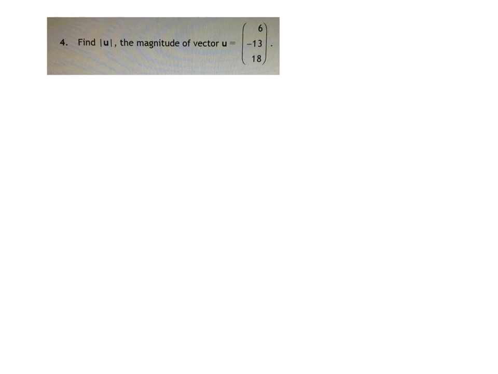Okay, so we have a magnitude of a vector question. So we know that the magnitude of u is going to be equal to the square root of the x squared plus the y squared plus the z squared. So if we take our vector, that's our x, our y is our middle one, and our z is the end one.